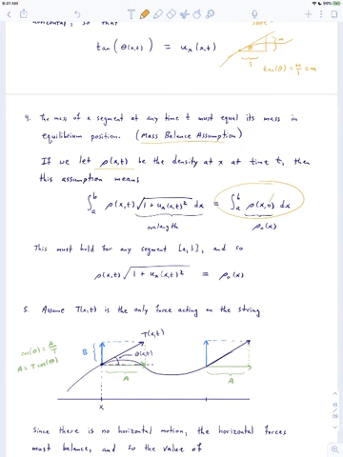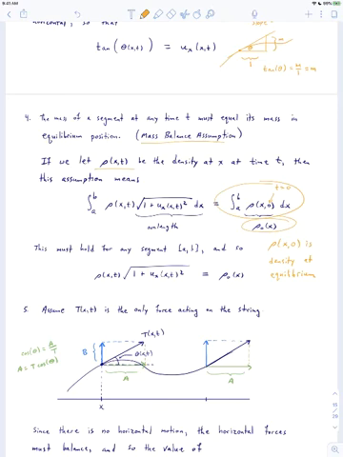So ρ at (x,0) is the density at rest or at equilibrium. Just for notational convenience, we're going to call that ρ sub 0.